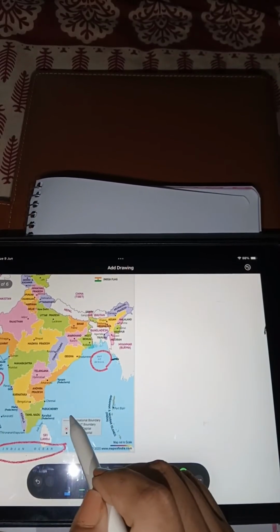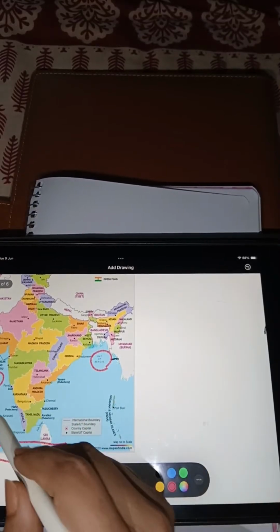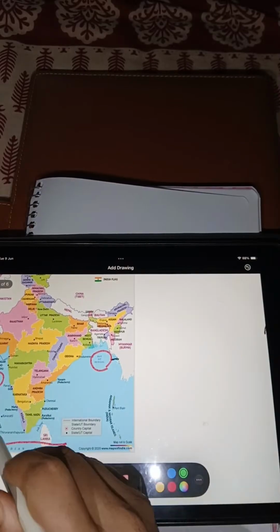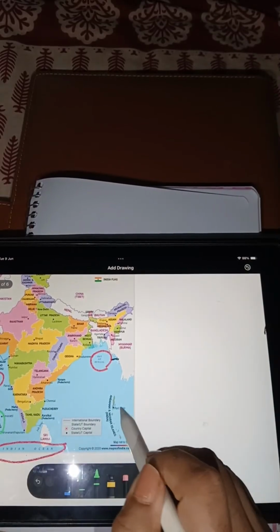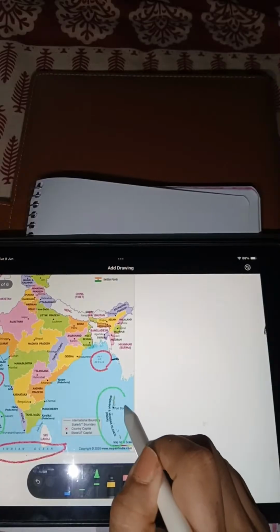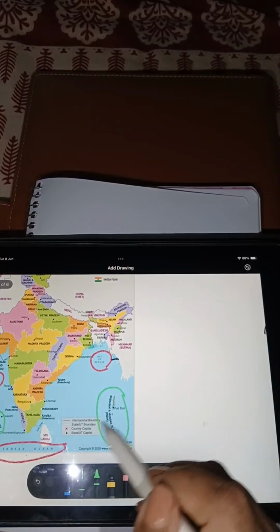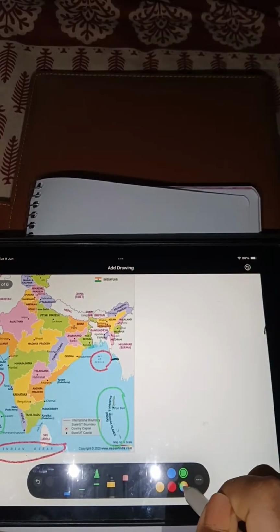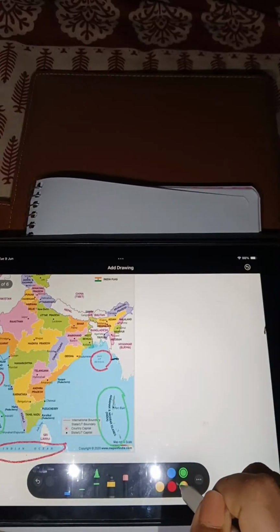Apart from that, there are some unique features, the island of Lakshadweep and the islands of Andaman and Nicobar. They are island groups.